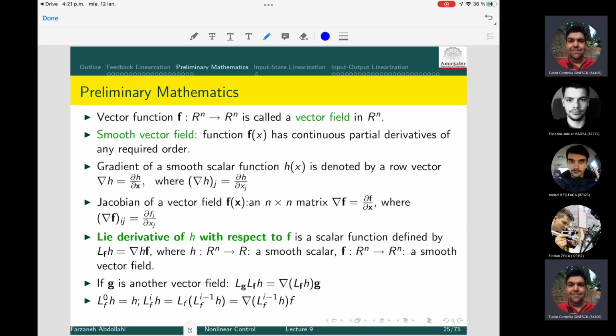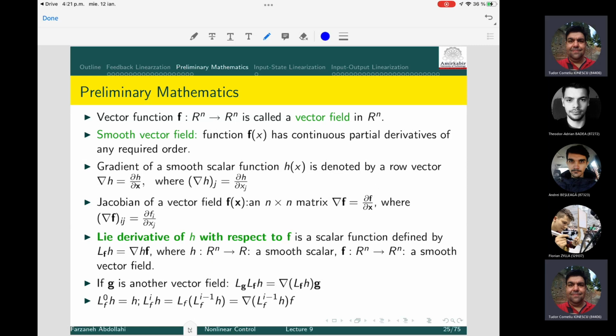Okay, I'm back. So, preliminary mathematics. Well, you remember the notion of vector field defined on R^n. Smooth vector field, so f has continuous partial derivatives of any required order.